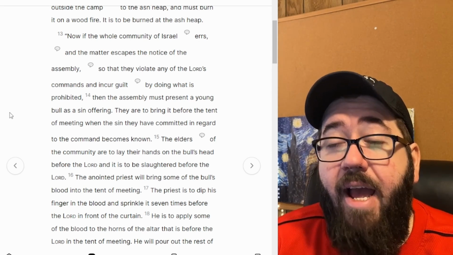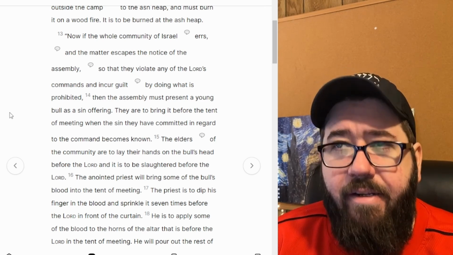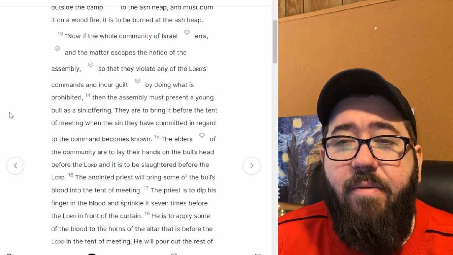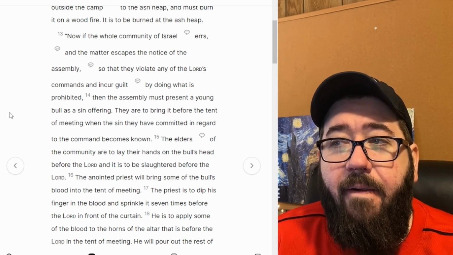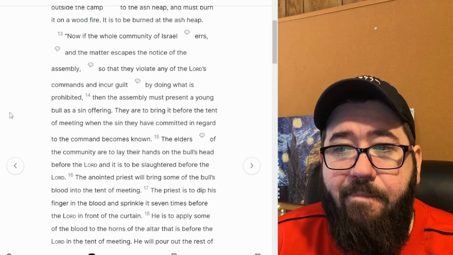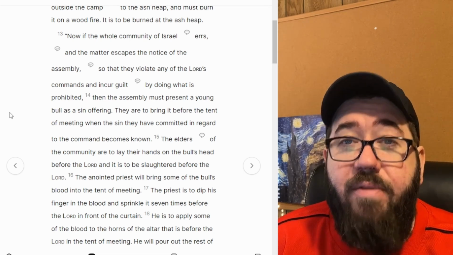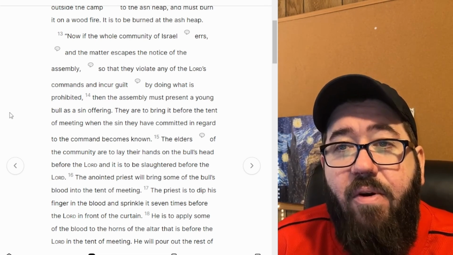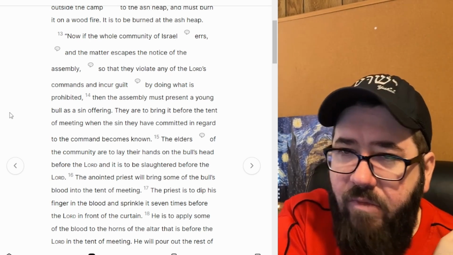But I had an idea that if I had sinned, if I did something that was sin, and I did not know it was sin, and I didn't ask for forgiveness, I would go to hell. And so I was like paranoid all the time that I was going to do something wrong and not realize that it was wrong. But I think that kind of goes against the nature of God.